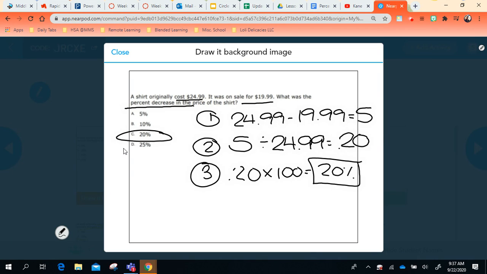I had some people yesterday doing the table, and then you're done with the table, but you don't go back and circle the answer. If we were doing a quiz and you're doing your work, I want you to get in the habit of going back in and circling your answer, because if not, you're going to have it on your paper, you're not going to have it on your quiz, and I'm not going to know what your answer is. So we want to get in a good habit, not a bad habit.